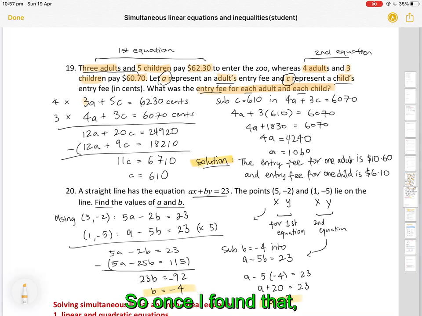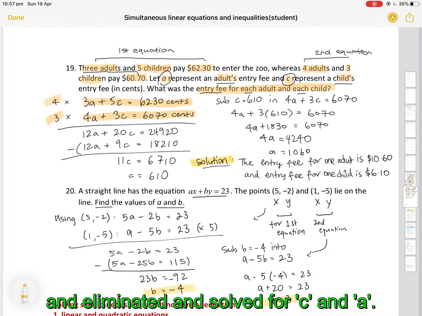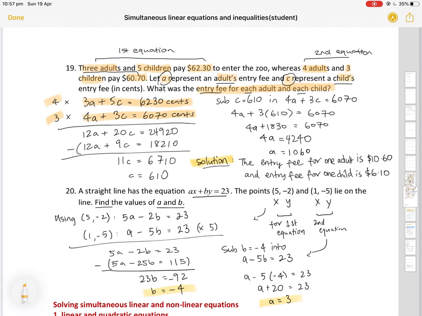So once I found that, also in cents, I had the common pronumeral here, common pronumeral there, and eliminated and solved for C and A.